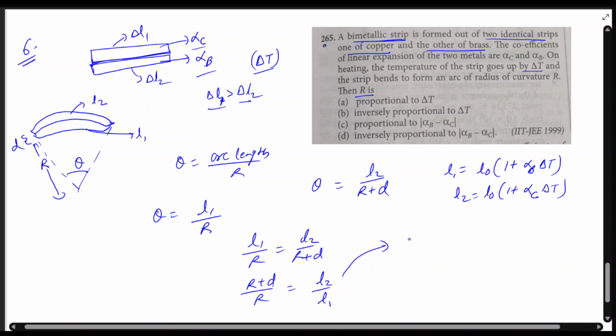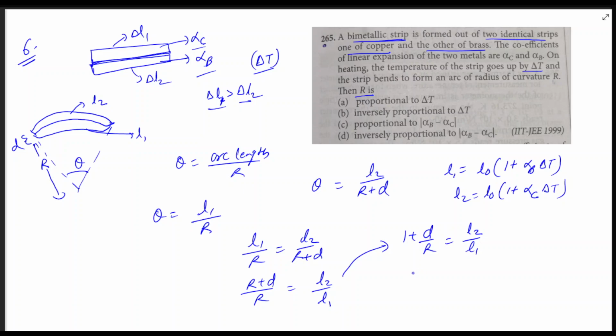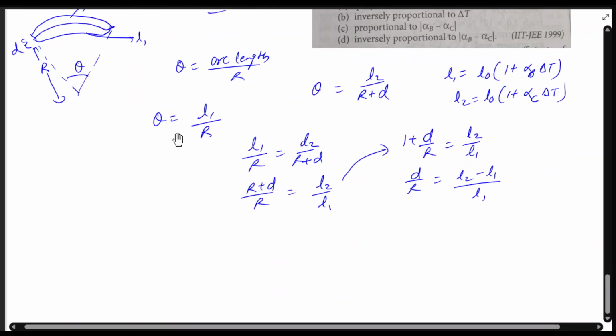We will have 1 plus D by R equals L2 by L1, so D by R is L2 minus L1 by L1. Okay, sorry, I have to take the reciprocal, so we will have R by D equals L1 upon L2 minus L1. So R will be D times L1 upon L2 minus L1.